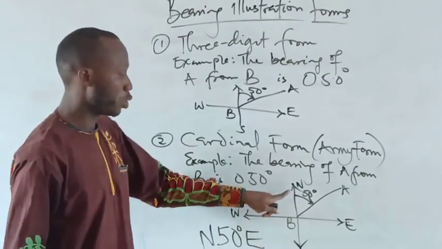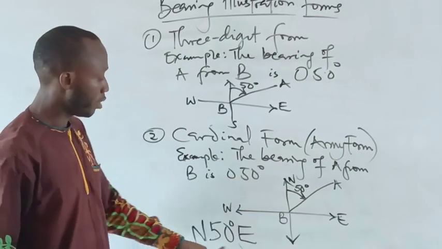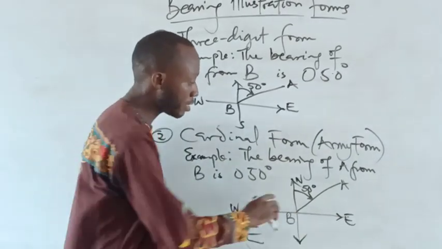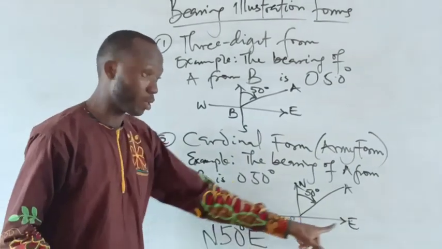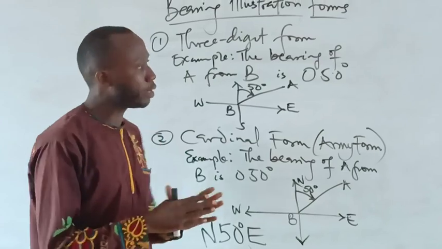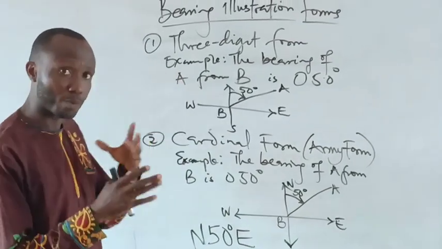Okay? So you start from the north, that's the vertical axis, then you write the acute angle, then you write the direction the angle is going, which is what? East. Okay? Now, someone will be wondering, okay, can we just try another example in terms of writing bearing?